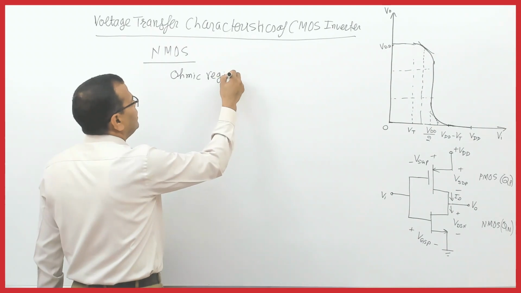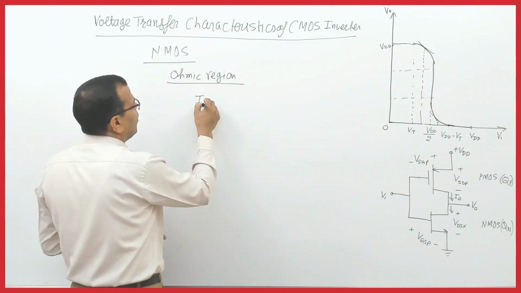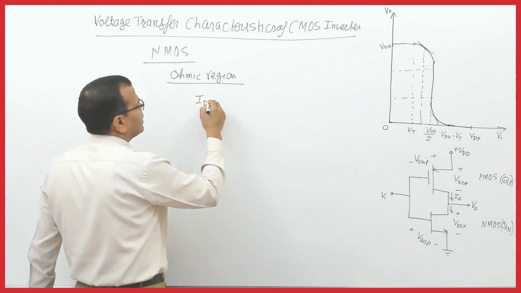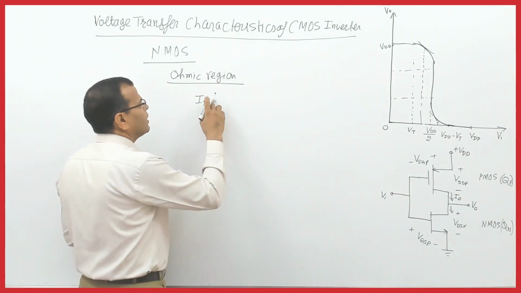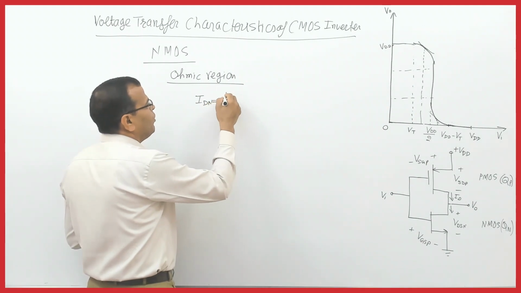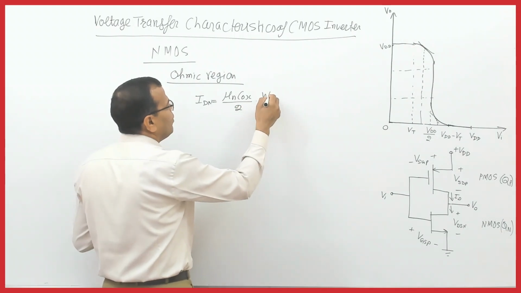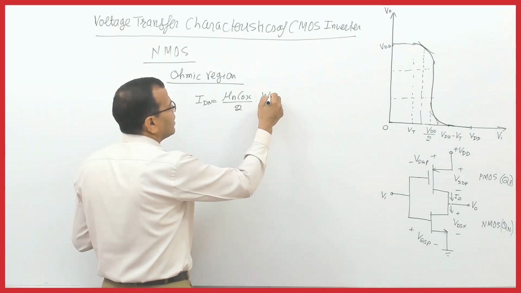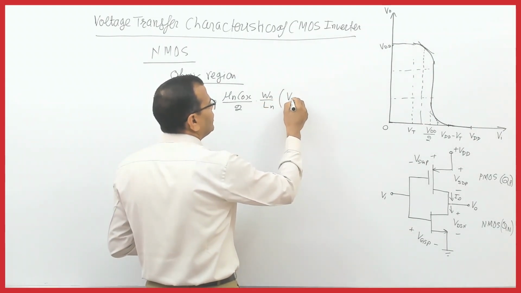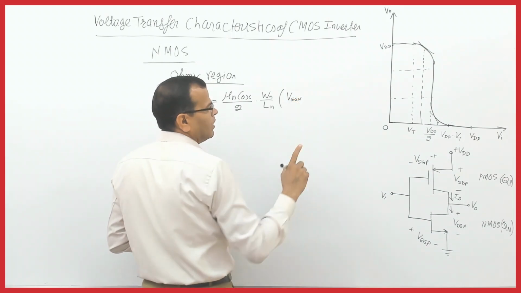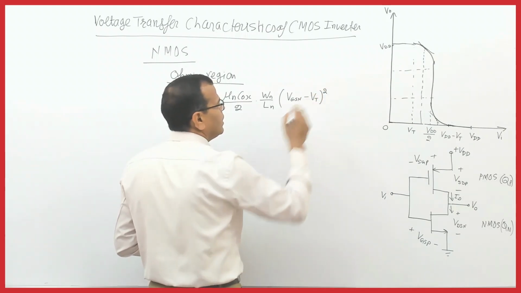For ohmic region of operation, the drain current of NMOS, or I will say IDN for NMOS, although it is same for both the transistors, IDN is equal to mu n C naught x by 2 into Wn by Ln into the gate to source voltage of NMOS minus the threshold voltage whole square.